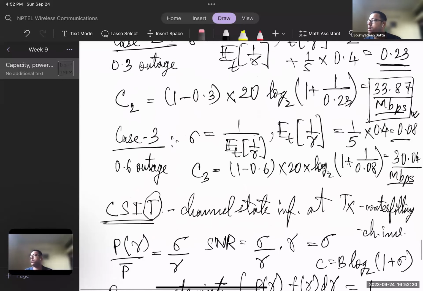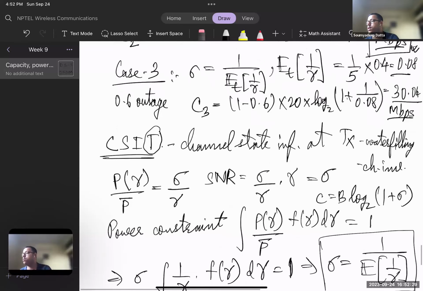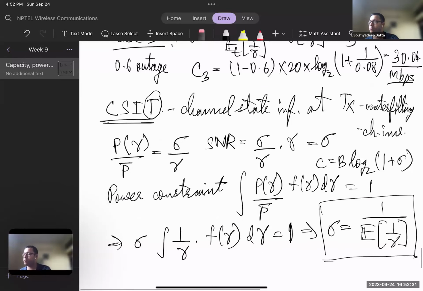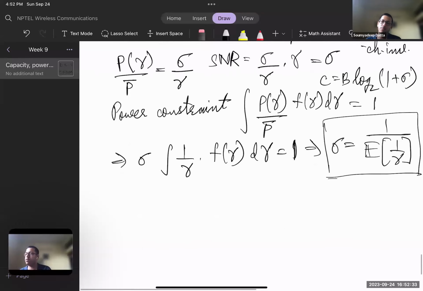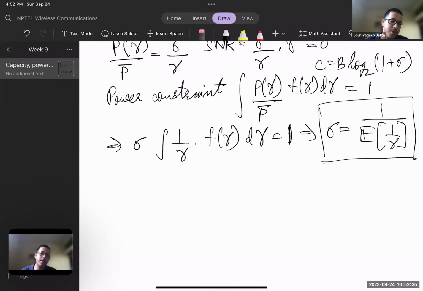And in the third case, if you just take the strongest channel, these are all quick calculations that you can do, and then you can compare between various techniques.